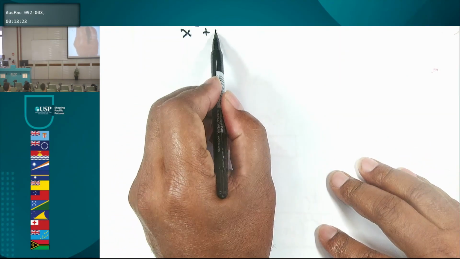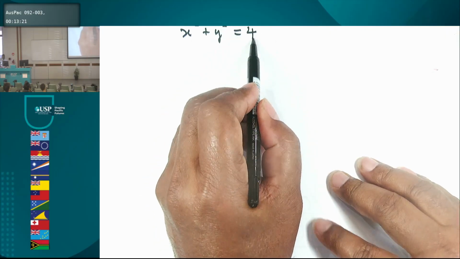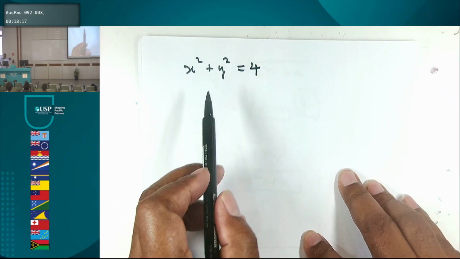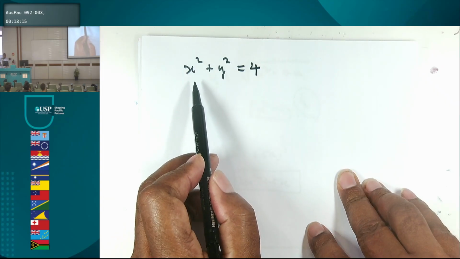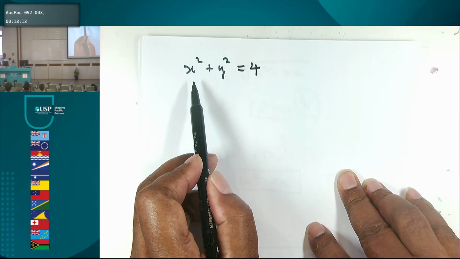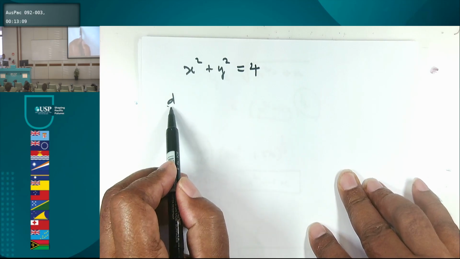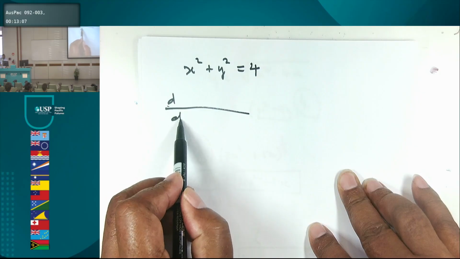x squared plus y squared equals 4. With those explanations, let's see if we can use technique of implicit differentiation here. We are to differentiate both sides with respect to x.